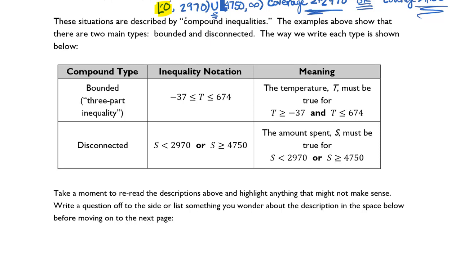The disconnected one was the one we just looked at right here, where we had this union symbol in between and could be using the word or to describe that meaning. Now, the notation is different. The disconnected one, the second one, had two pieces to it, and the other one just had the values that are true in the middle with a bound on either side.